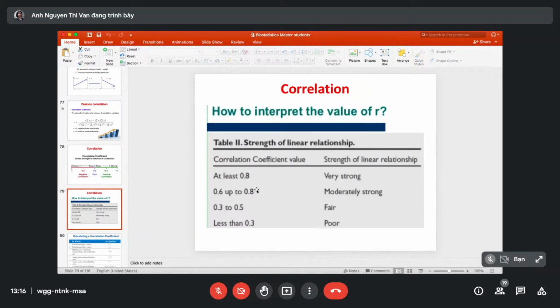I also gave you the coefficient values that can help you talk about the strength of the linear relationship. It could be very strong, moderately strong, or fair or poor based on the values of R, so you should know that. When you do data analysis and write the report, you can make conclusions about the data you got.